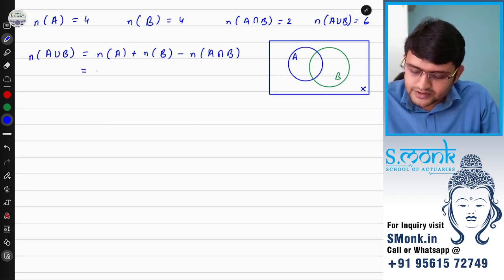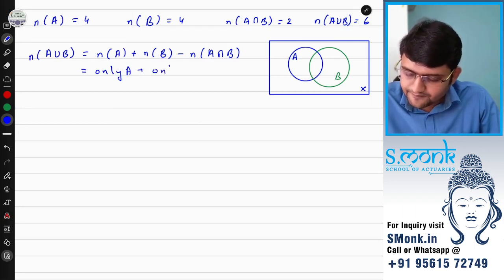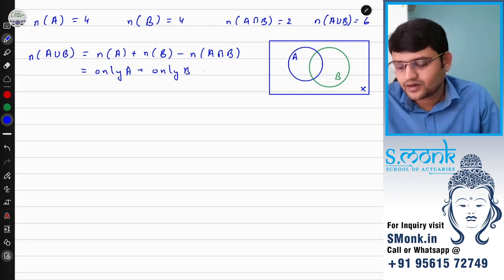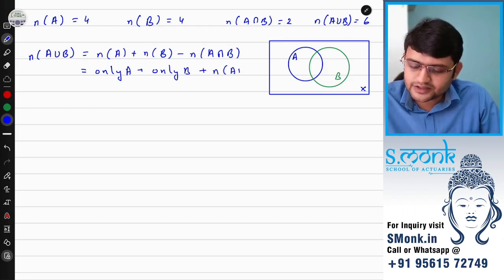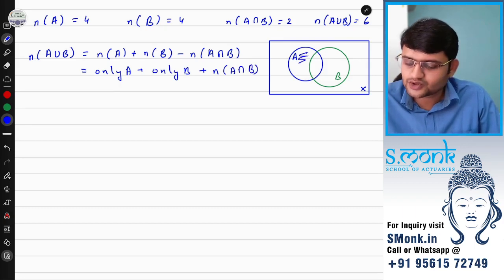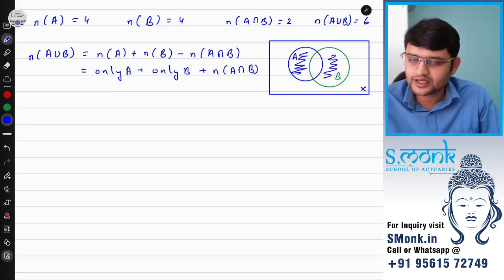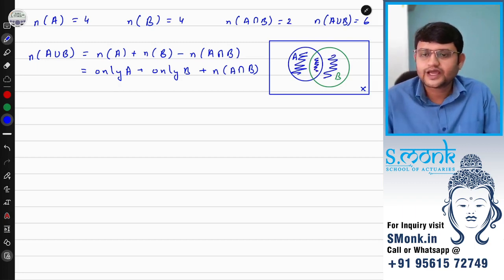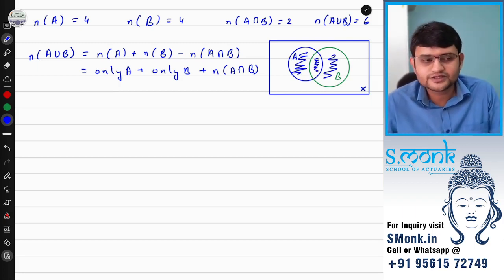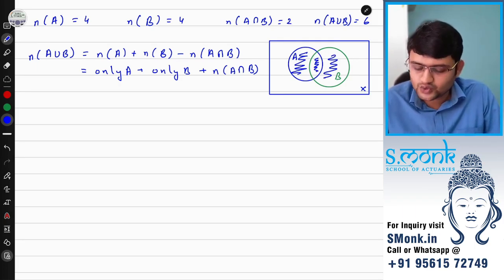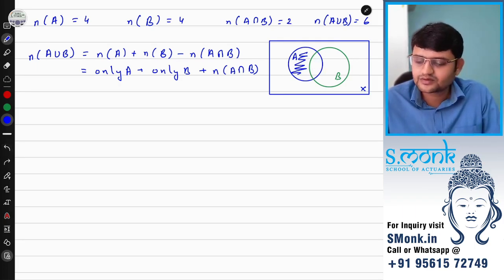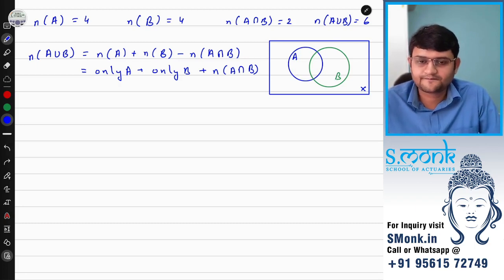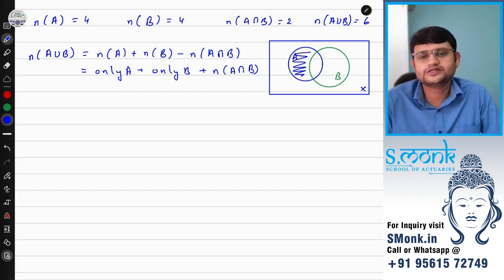I can write it as the number of elements in only A plus the number of elements in only B, plus the number of elements in A intersection B. Because I can add up only A, only B, and then the intersection part. If I add up all these 3 parts, I get again the union, which makes everything. So how do we represent this only A?